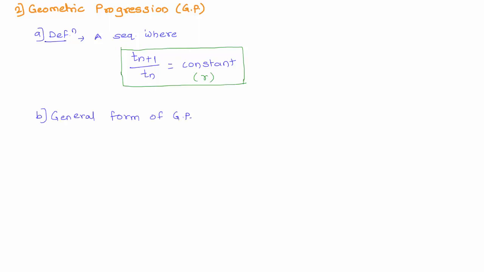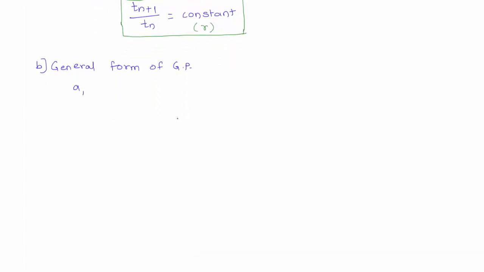Now students, the first term is always taken as A. The second term is taken as AR. Why AR? Because we need the ratio to be R. The ratio should be constant. The third term is taken as AR square. If you divide AR square by AR, again you get the common ratio R. The fourth term is AR cube and so on.